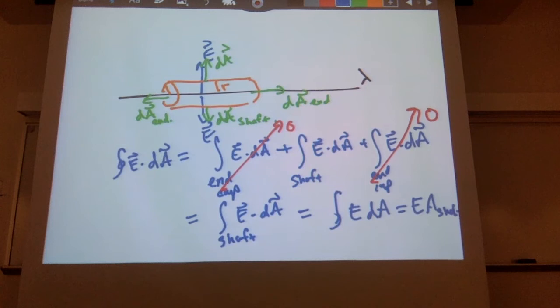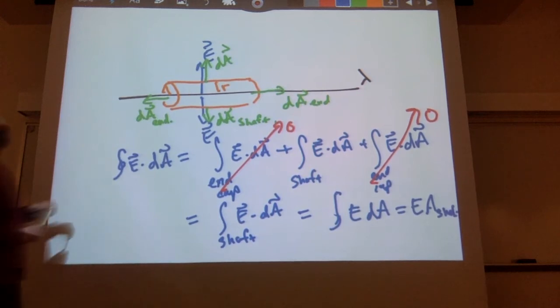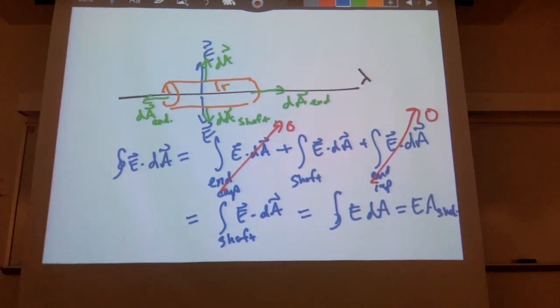That's it. Now, let me add one more thing on here. Let's say the shaft has a length of little l. So finally, Gauss's law says the left-hand side is the electric field times the surface area of the shaft, which must be equal to the charge enclosed divided by epsilon naught.